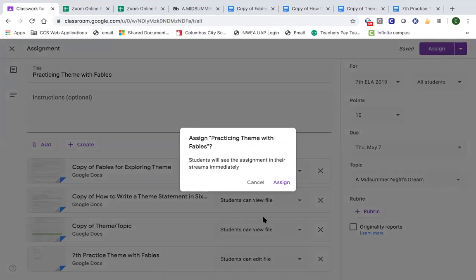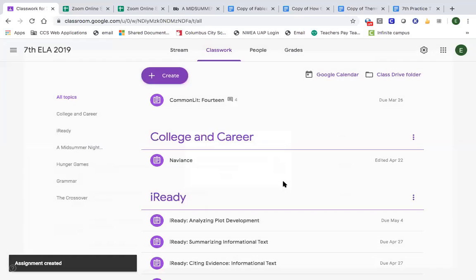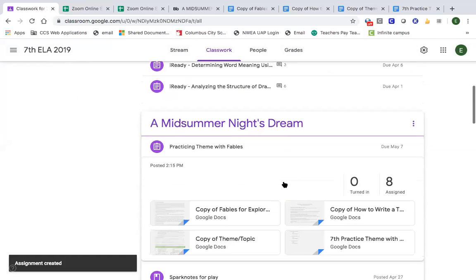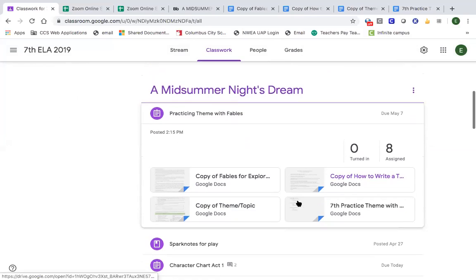Okay, so today we're gonna review theme. We did theme with crossover, but it's not a bad idea to review it. So there's 3 documents in this assignment that are just materials for us to use.